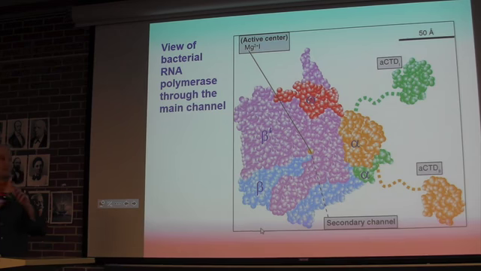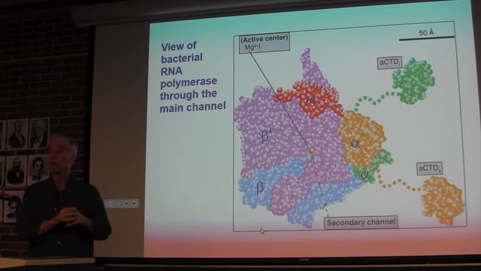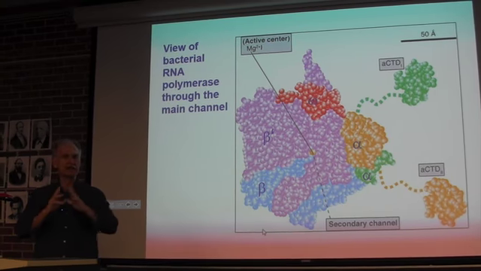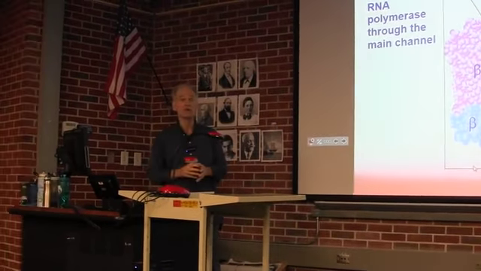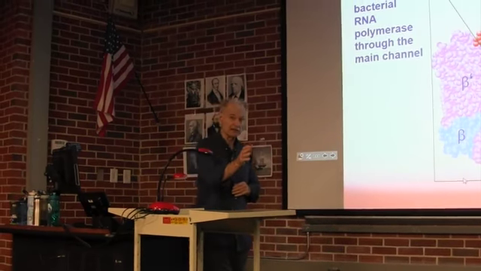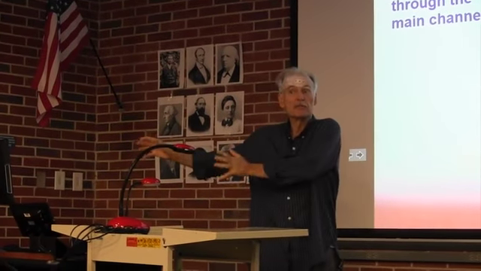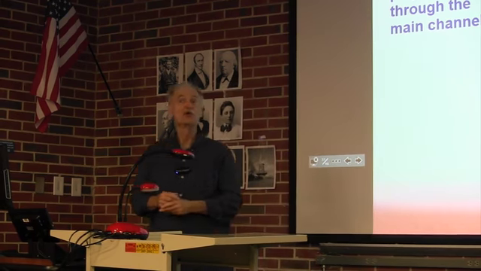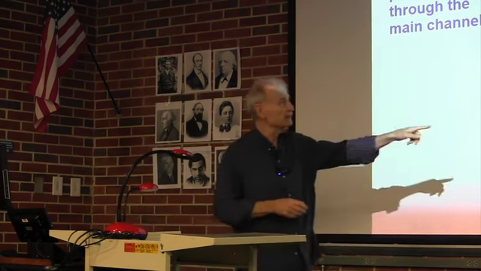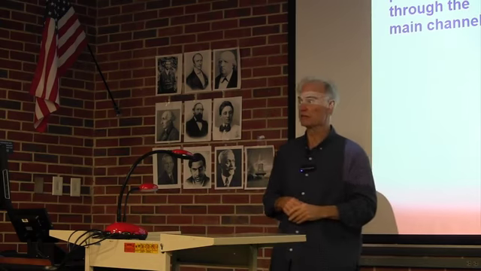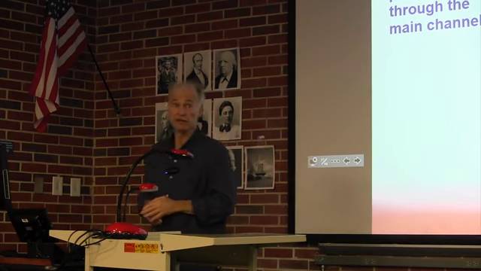to enhance or regulate promoter activity. They're not catalytic in any way. They have affinity for a special element that's upstream of the promoter proper. It's called the UP element. They actually bind it if there's one present, but quite often there's not one present.